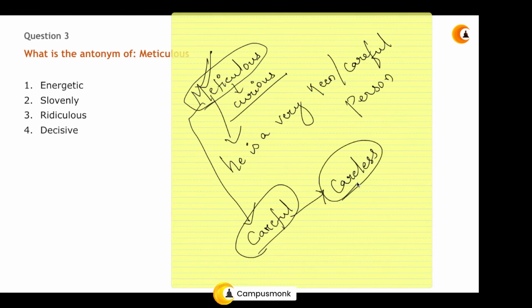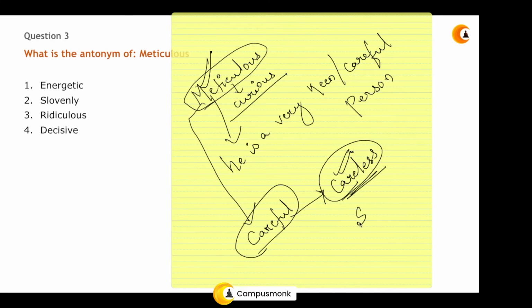Okay, now you have to find a synonym of careless. Now the first one is energetic. Energetic can't be careless. Ridiculous is not something which means careless. Okay, ridiculous is disgusting. Okay, and decisive. Decisive means someone who can take decisions. That is a decisive person. So a careless person can never be decisive. So that is also not the synonym of careless.